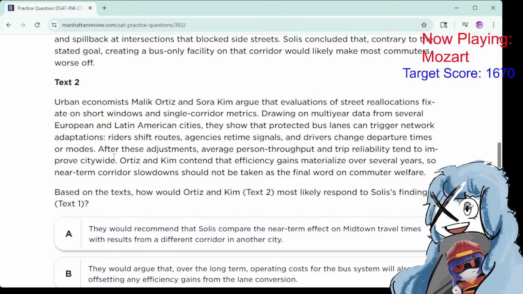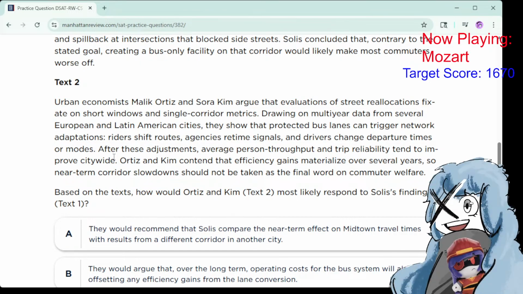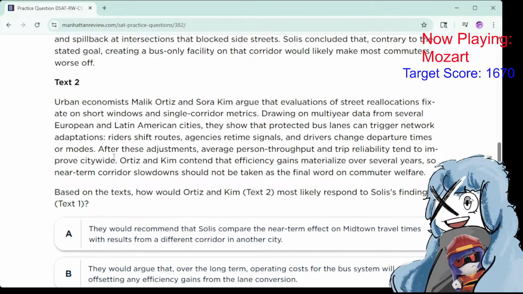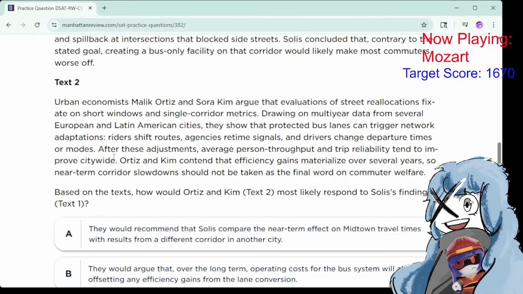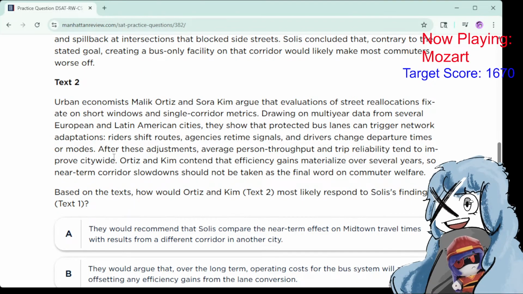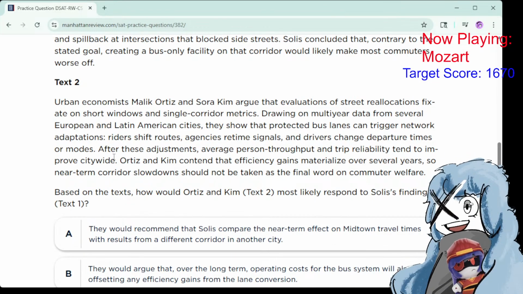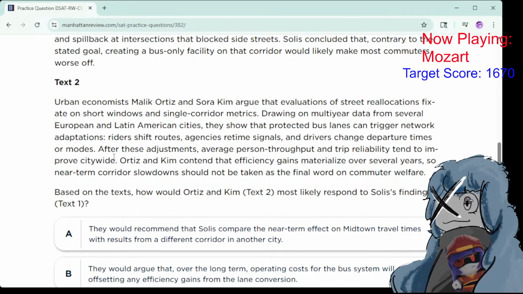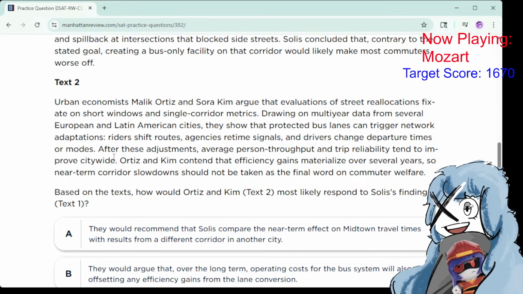Often these adjustments improve average person throughput and trip reliability citywide. Ortiz and Kim contend that efficiency gains materialize over several years, so near-term quarter slowdowns should not be taken as the final word on commuter welfare.